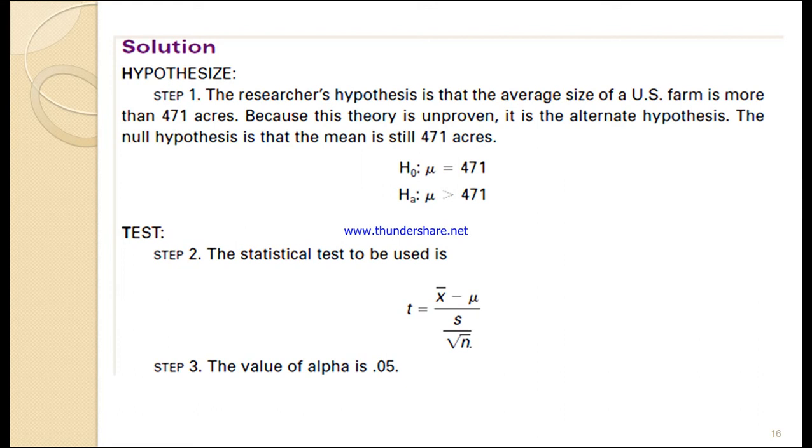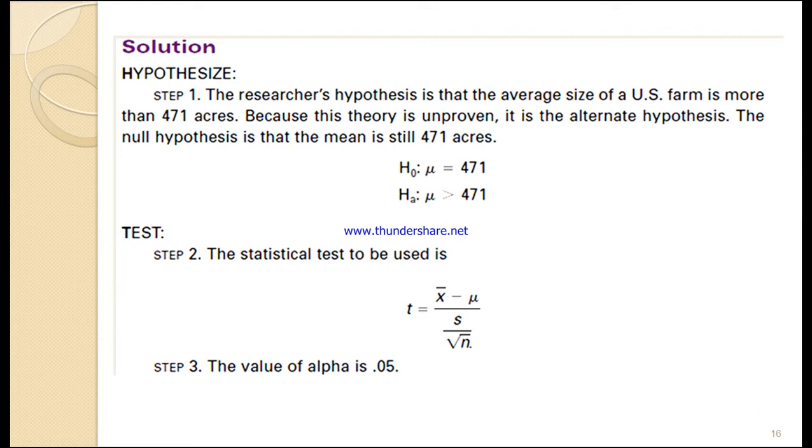On the other hand, the null hypothesis is that the mean is still 471. Therefore, H naught or H sub 0 is mu is equal to 471 and H sub A or HA is mu is greater than 471.